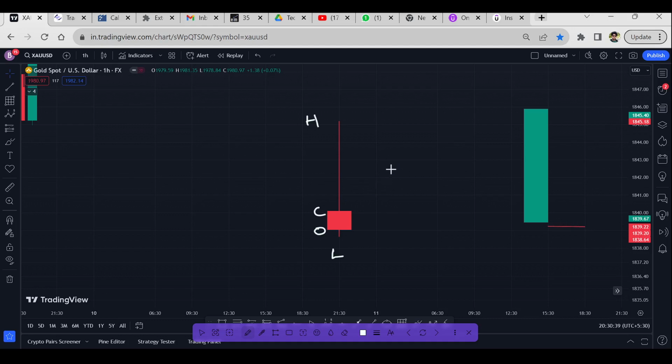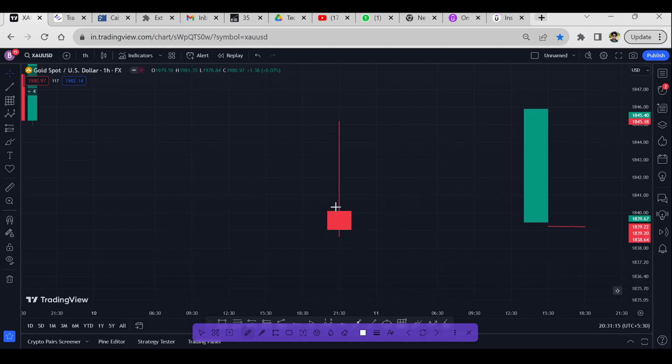This means price moved down further, was not able to go to the downside, went to the upside instead, and closed here. This part forms the body. Opening here, closed here, high here, low here. This is the hammer pattern.